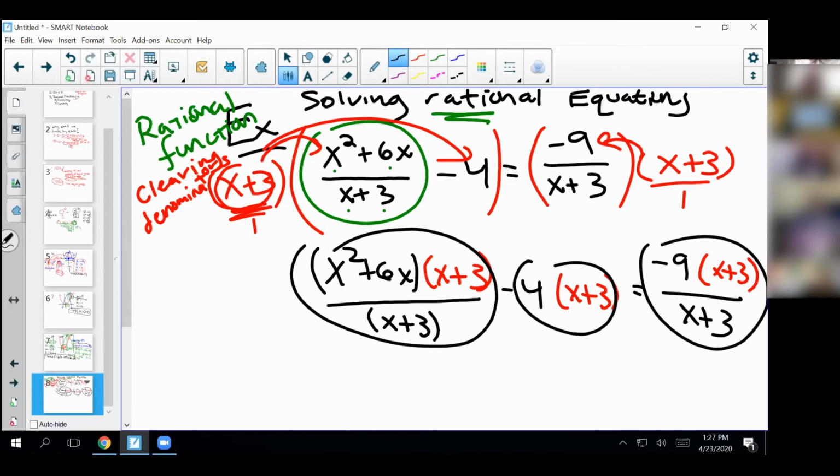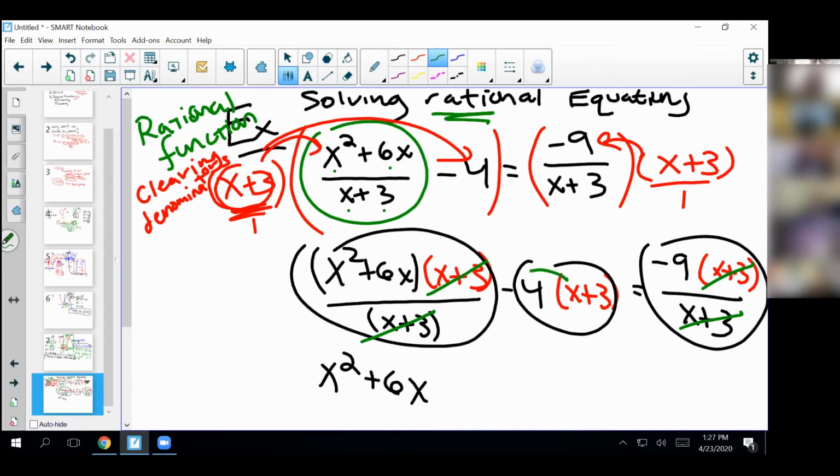Now this looks a little bit more complicated than the original problem, but you'll notice that we chose what we multiplied by exactly so that these would cancel. All your fractions should cancel at this step because you've multiplied by every denominator. All denominators should cancel. And we are left with an x squared plus 6x.